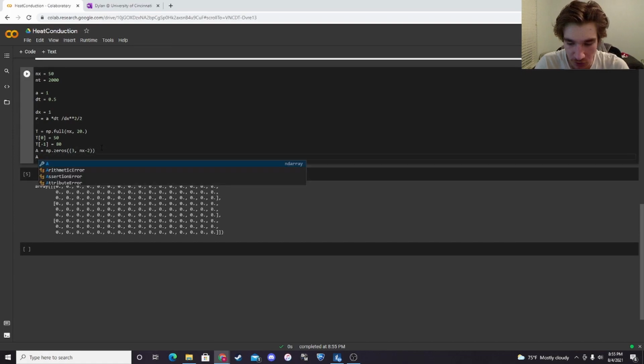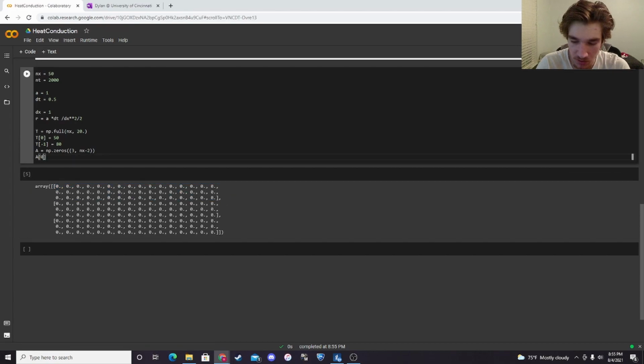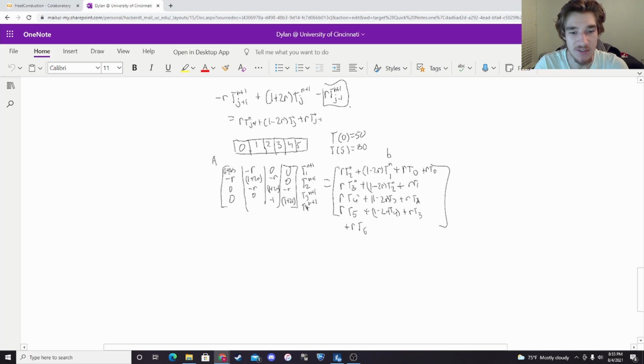So for our first index, need brackets there. For this index right here, the index of 0, right, we're going to be setting all of these to negative 1, except for the initial value, right? Because if we look at this, there's no r over here, right? That's going to be 0.